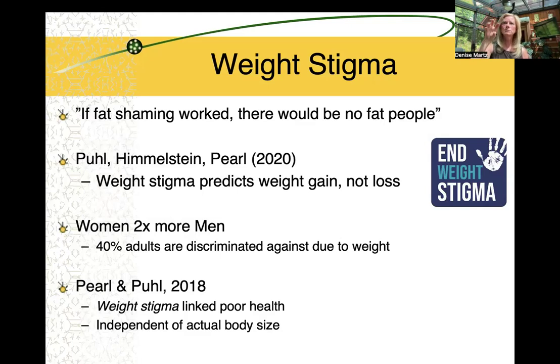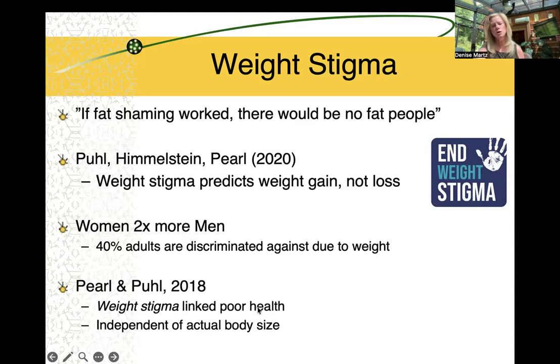And then once in the workforce, fat women are a lot less likely to get promoted and to rise to higher salaries than fat men or leaner women. So this discrimination runs really deep, and it tends to actually keep larger bodied individuals in lower socioeconomic status, as opposed to rising above in socioeconomic status, but especially for women.